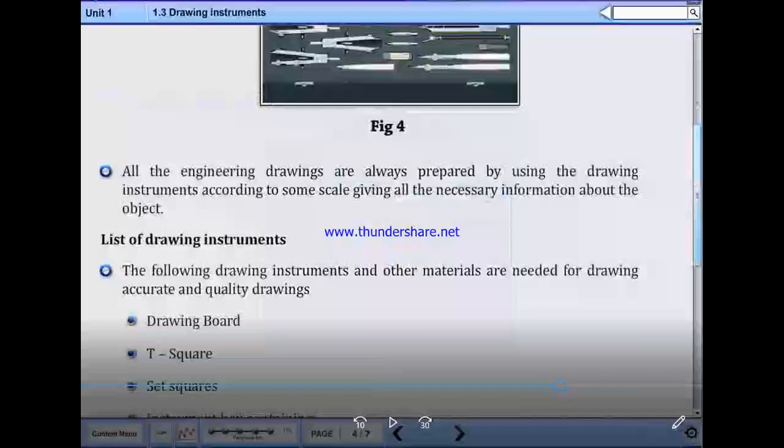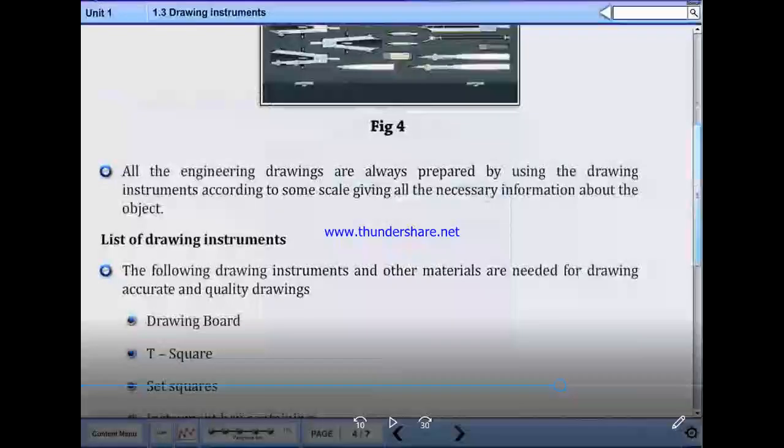List of drawing instruments in a drawing box. The following drawing instruments and other materials are needed for drawing accurate and quality drawings.